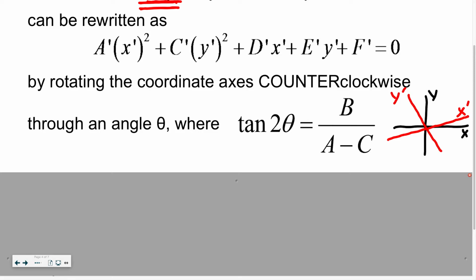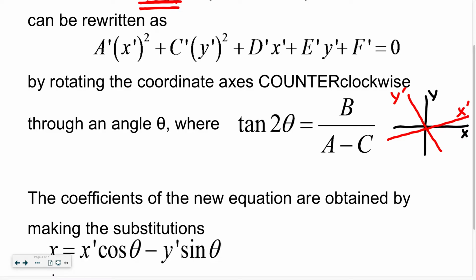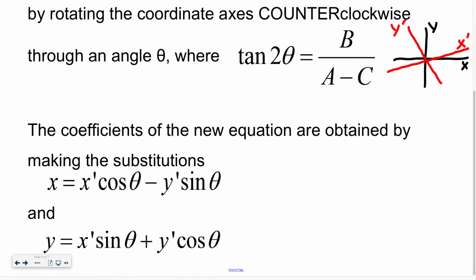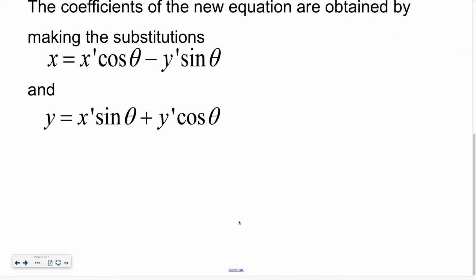And the last thing is, how are we going to figure out what all those prime things are? What are all the new coefficients and the new x's and things? Well, we're going to have to rewrite x and y. So this is how we will get those values.